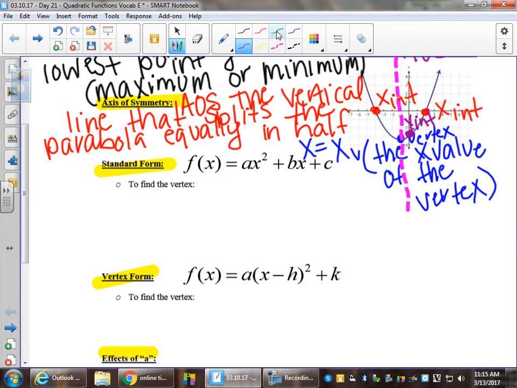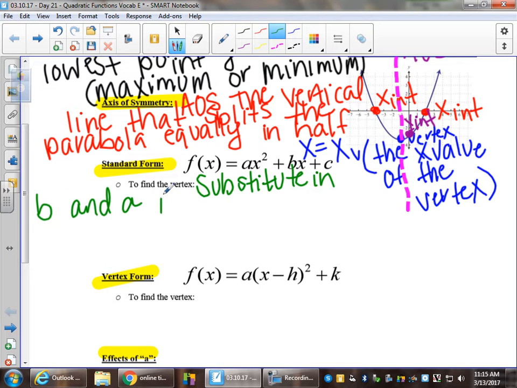Okay, so standard form. This should look familiar to you. This is what we worked with the first half of Unit 6. To find the vertex, substitute in b and a into the formula.